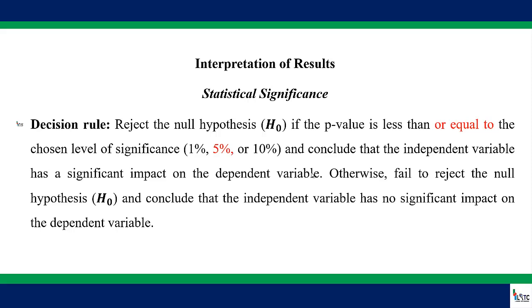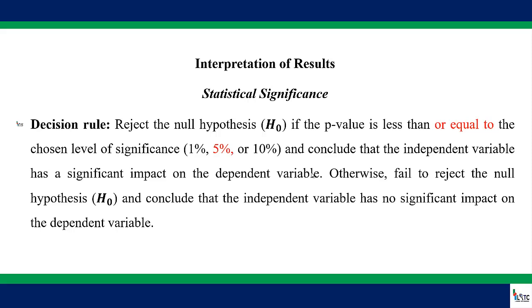Reject the null hypothesis if the probability value is less than or equal to the chosen level of significance. That level of significance will be determined either by you, by your supervisor, by the journal editor, or by your institute. For instance, in social science, we use 5%, 10%, while in pure science, they prefer 1%.